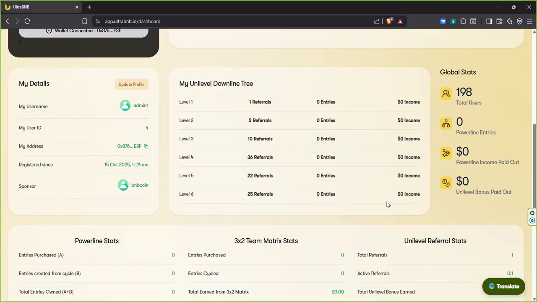So assuming this one referral on your level 1 purchases 10 entries, and all 10 entries complete their 5 cycles, just multiply the 5 cycles by 10 entries, which is 50 entries in total. Now multiply this 50 by 50 cents, and that is $25. So it means you are going to earn $25 in unilevel bonus.